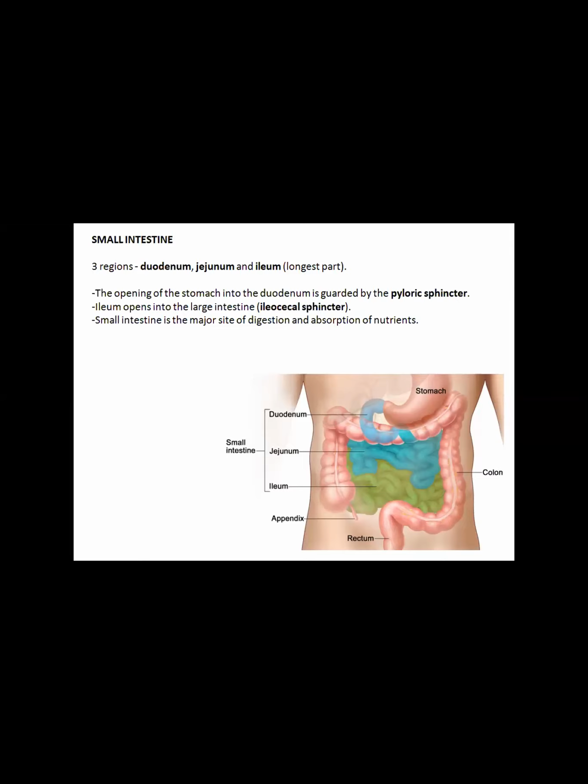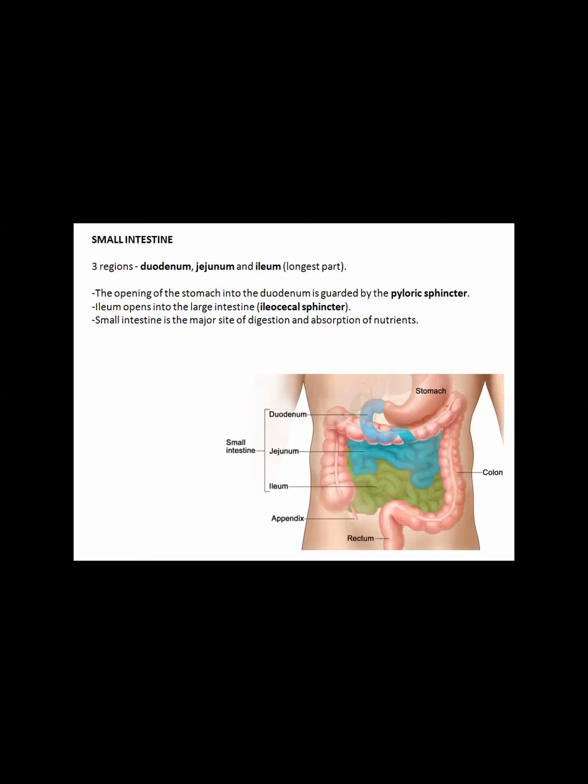The very first region of a small intestine is duodenum. So we can say stomach के pylorus region में and small intestine के duodenum region में, between these two, which sphincter is present? Pyloric sphincter. So pyloric sphincter is present and it is guarding the opening of the stomach into the duodenum.